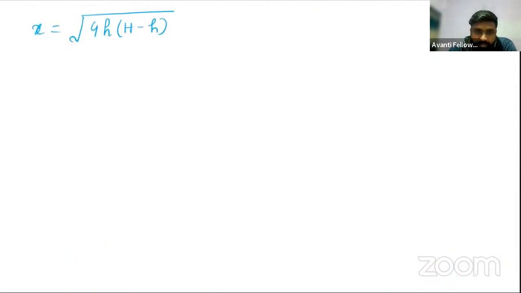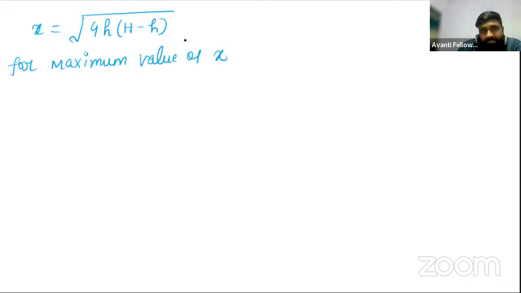So if you differentiate for maximum value of x, you can differentiate this with respect to small h and put it to 0. So dx by dh, what will it be?